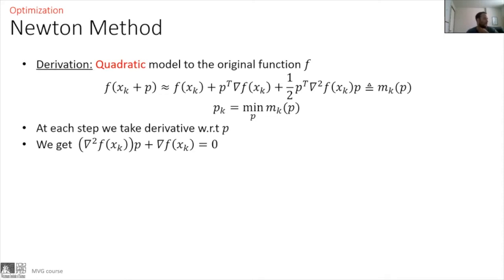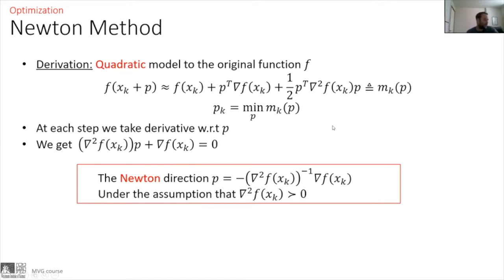If you struggle to get the derivative, you can go to the Matrix Cookbook, which has a lot of formulas for such derivatives. If we take the derivative of the objective with respect to p, we get the equation that the Hessian of the function at the current point times p plus the gradient equals 0.